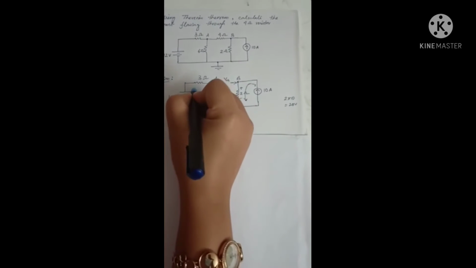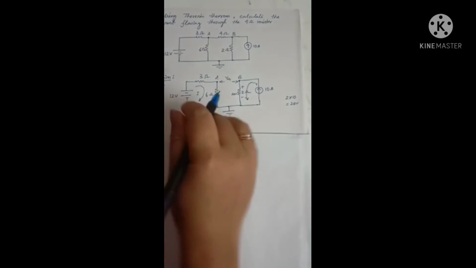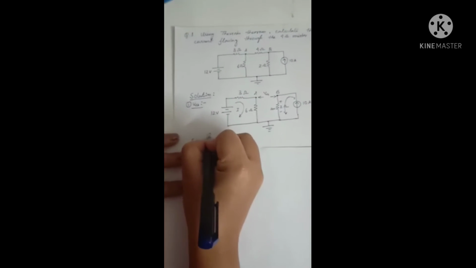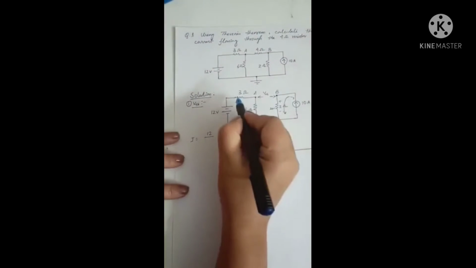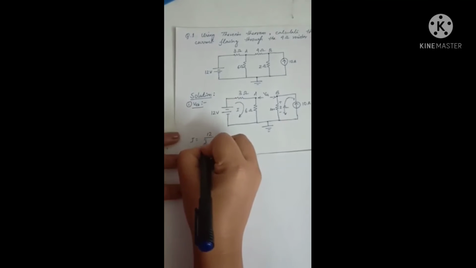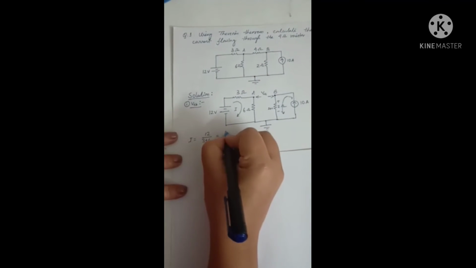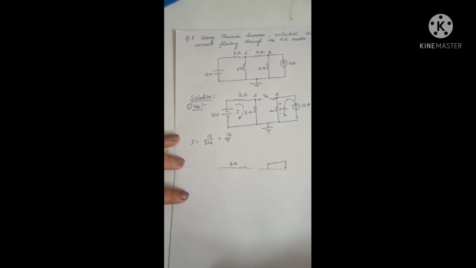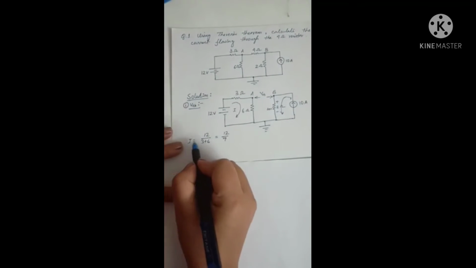So here let us find the current. If this is my current I, then what will be I? I will be total supply voltage divided by total resistance of the circuit. Here resistance is 3 plus 6 because these 2 resistors are connected in series. So 12 divided by 9. So this is the current. Now this is my assumed direction of current and the value of current is coming positive.